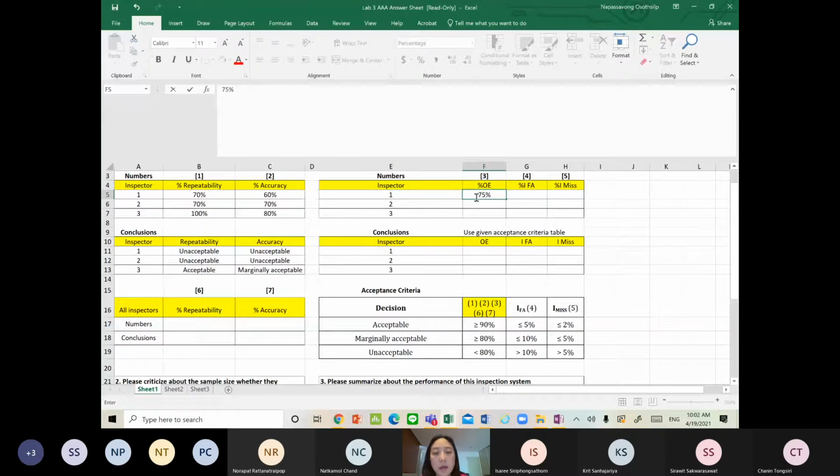And then for the conclusion, you will take a look at this column for indicator number 3. Use the same criteria as we've seen before. And 75% is less than 80%. So you will say that percent OE or percent accuracy is unacceptable.